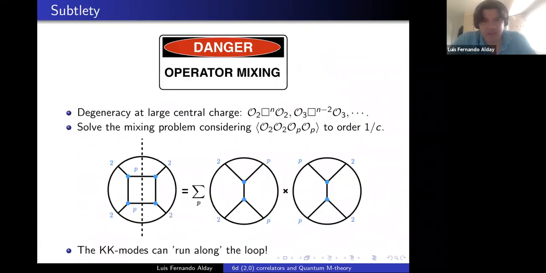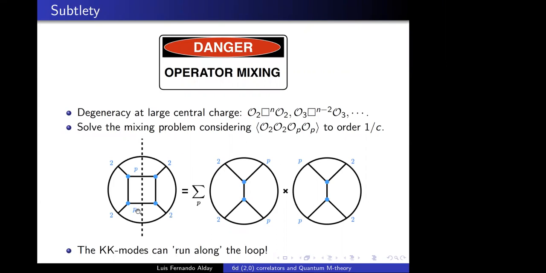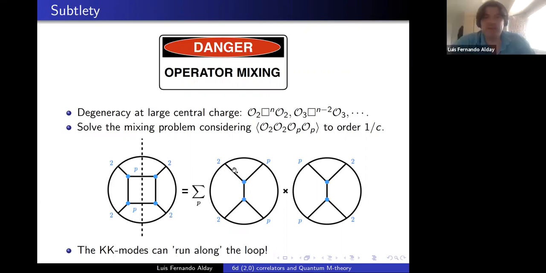Just one little word of caution is that here one will have some kind of mixing problem to solve. The point is that whenever you cut this loop diagram in the middle, you will get these two tree-level diagrams. But of course, all these Kaluza-Klein modes can also run along this loop.